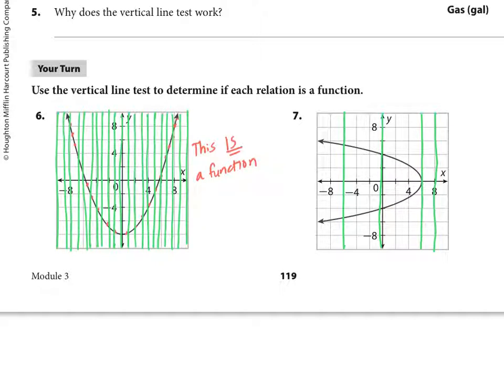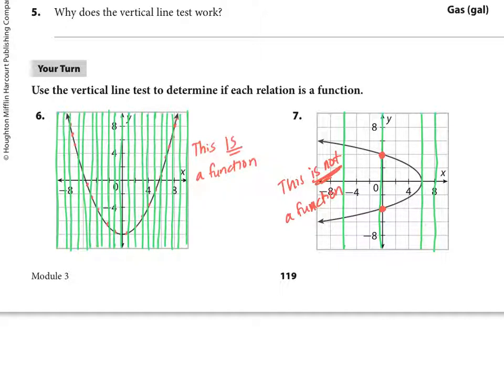It touches it at this point right here and at this point. So for number 7, this is not a function because it touches the graph more than once. And we don't necessarily need to put an explanation here as long as you have that vertical line that sort of messes it up.